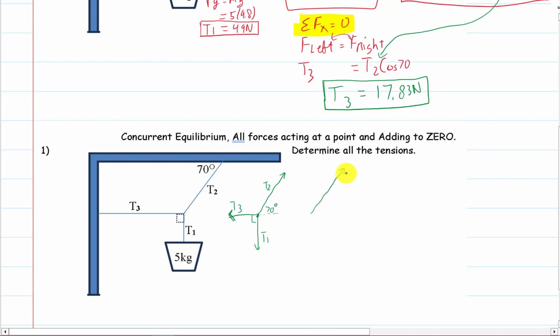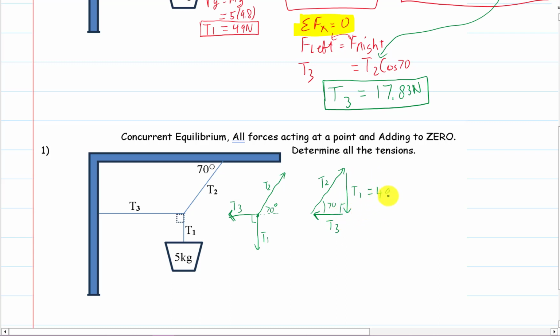So take T2, T1, and T3. This is going to be our 70. This is going to be a right angle triangle, so we don't need sine law and cosine law. We just use basic trig.